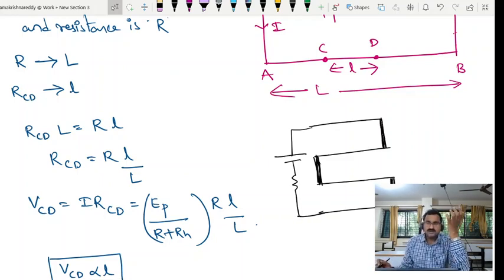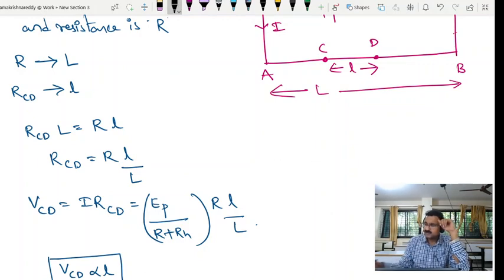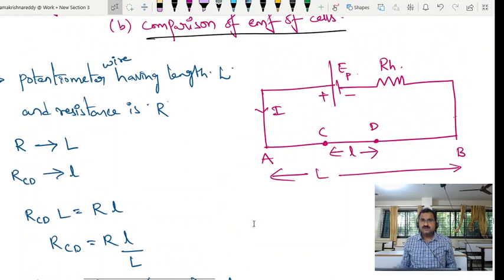If it is 6 meters, then 6 wires are there, each having 1 meter length. According to what is required, we can construct the potentiometer wire. So now see this simple diagram.